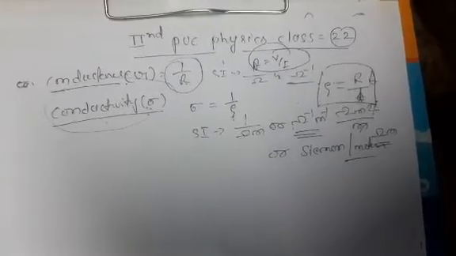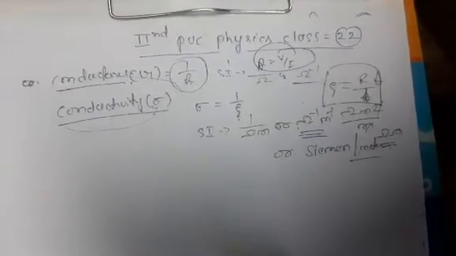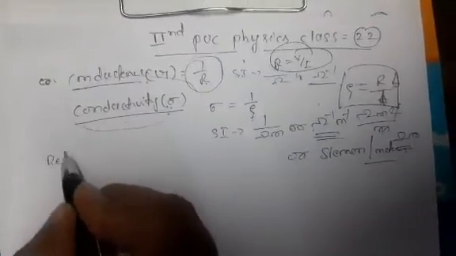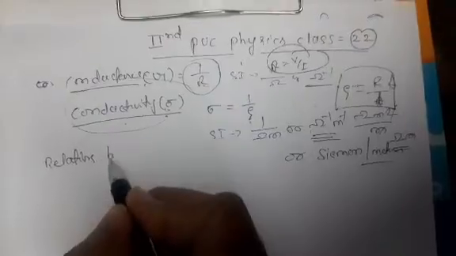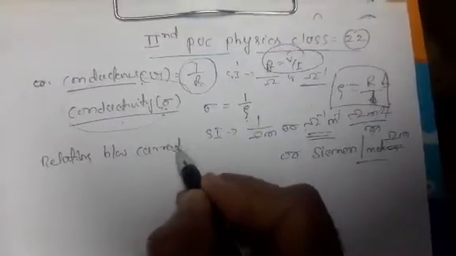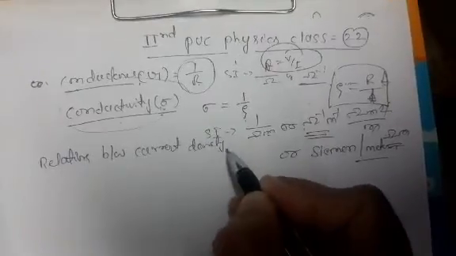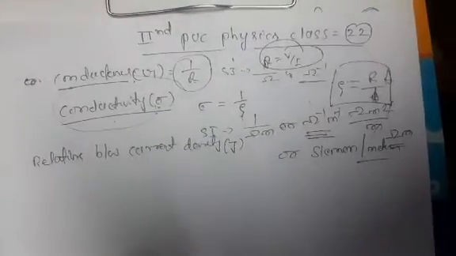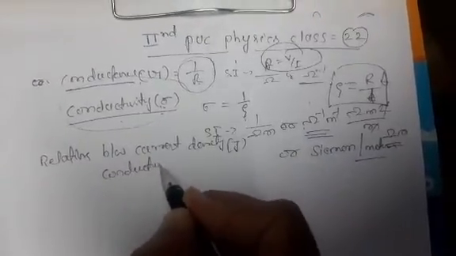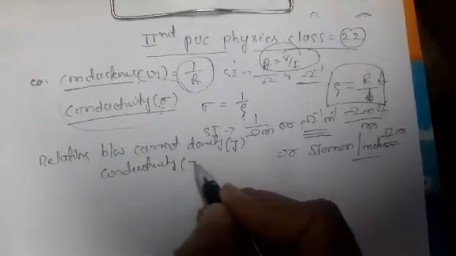One more question. What is the relation between current density, symbol capital J, and conductivity, symbol sigma?